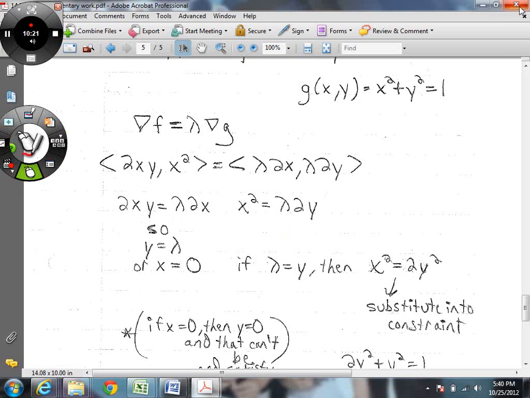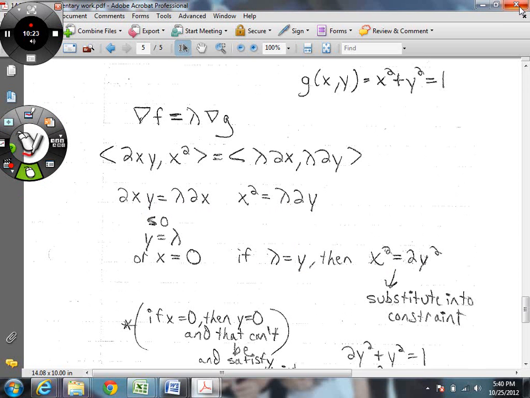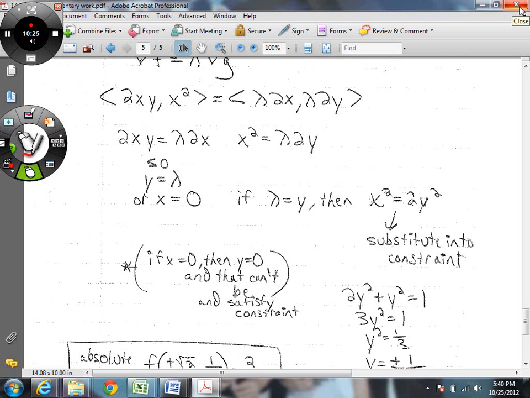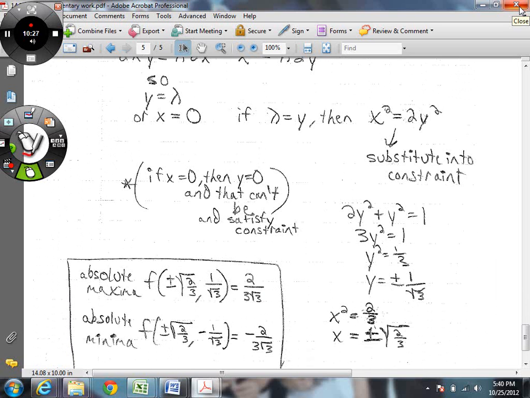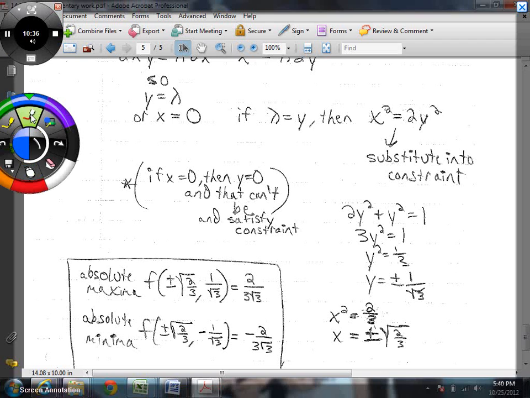I can substitute that into the constraint, x squared plus y squared equals 1. So when you do that, you get 2y squared plus y squared equals 1, and then eventually you get y equals plus and minus 1 over radical 3. Then you can plug that back in to figure out what the x is.